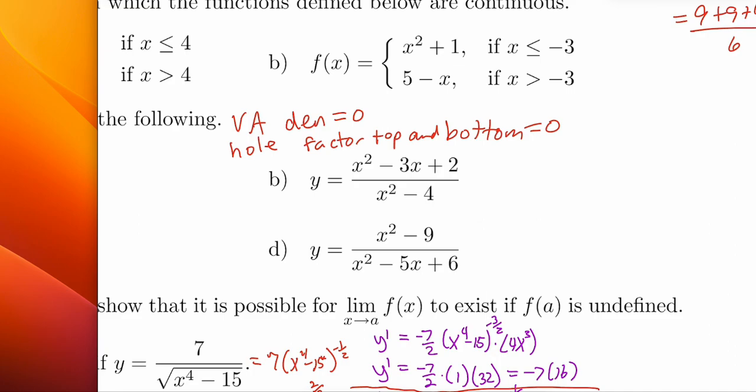And then for a horizontal asymptote, you have to compare the powers. We'll talk about those as we go, okay? So vertical asymptotes are where the denominator equals 0 unless that's a hole, because both the top and the bottom values would equal 0. Horizontal asymptotes, we're going to compare the powers. We'll talk about those in a second.